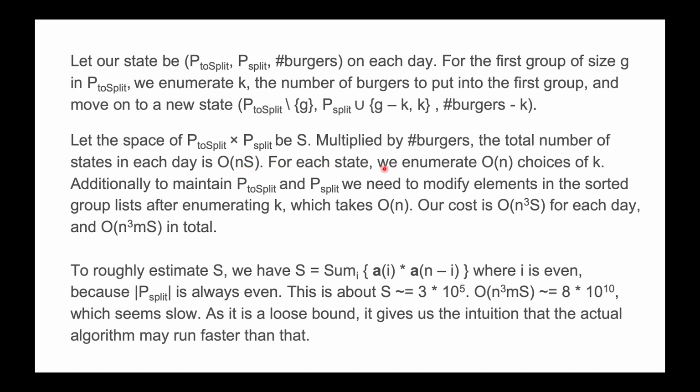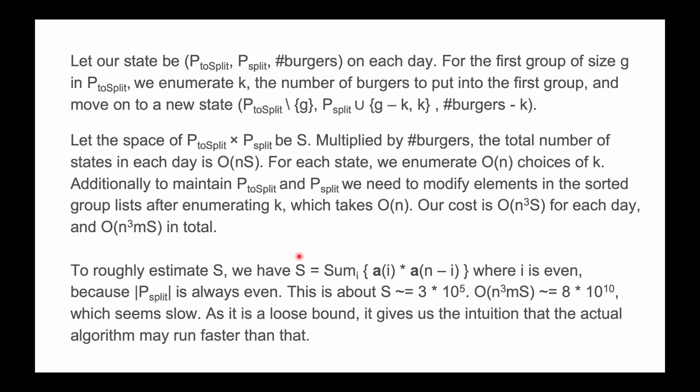For each state, we need to enumerate the choices of k. So this has a linear cost in terms of n. And also, after we make a split, we need to maintain the sorted list of group sizes. This is also linear in terms of n. So our total cost is n to the third times s for each day, and we can multiply this by m, the number of days. This is our total complexity.